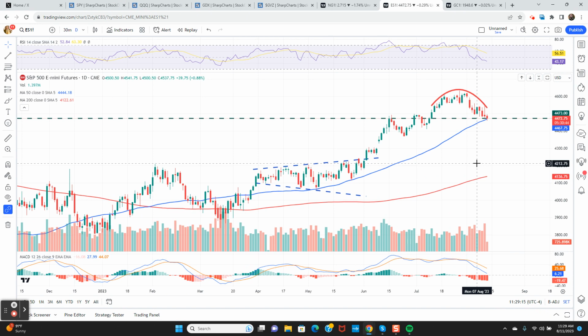Obviously, there's big resistance up above 4,600 in the E-mini S&Ps, and we've been in a correction for the last few weeks, coming down from 4634.50 on the 27th of July, and we got as low as 4459 this morning. So about a 175 point correction in the last few weeks in the S&P 500.